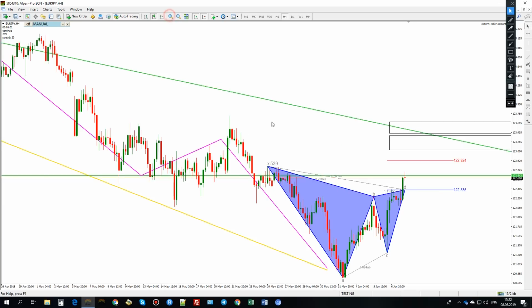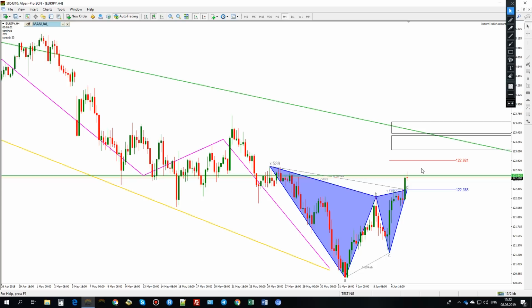Another piece of evidence to support my idea is the one-to-one measured movement. If we take this channel tool to measure moves, you see you have the same size, the same slope, and in a matter of 1 or 2 days it is pointing to the same area. So let's say starting from the completion of this pattern and ending at the one-to-one measured movement is the reversal zone, and somewhere here it includes the key resistance level.